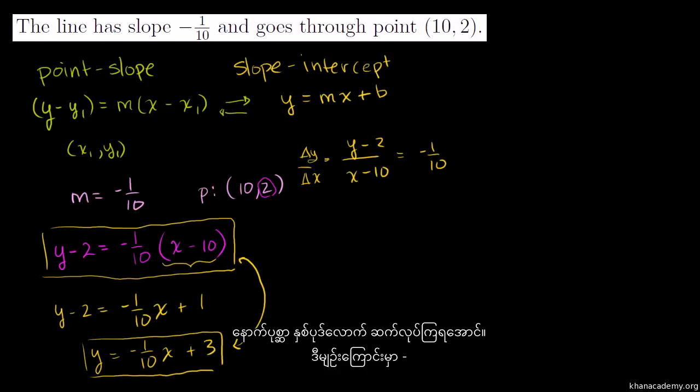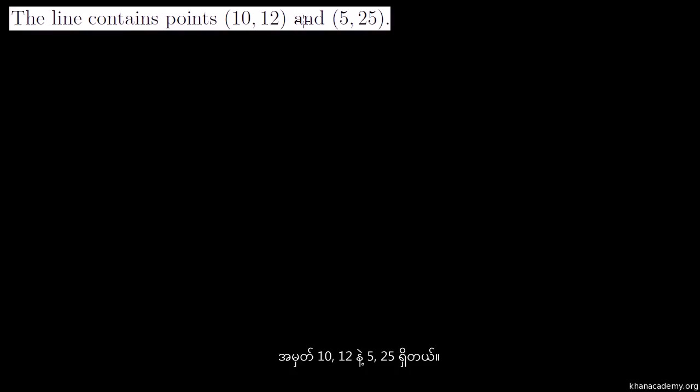Let's do a couple more problems. The line contains the points (10, 12) and (5, 25). So let's figure out the slope.